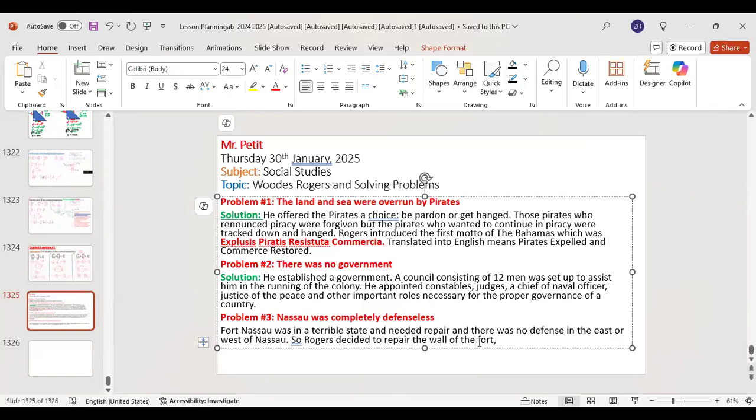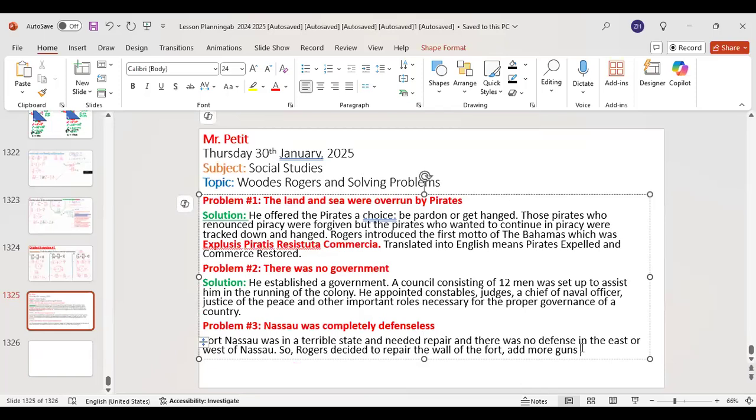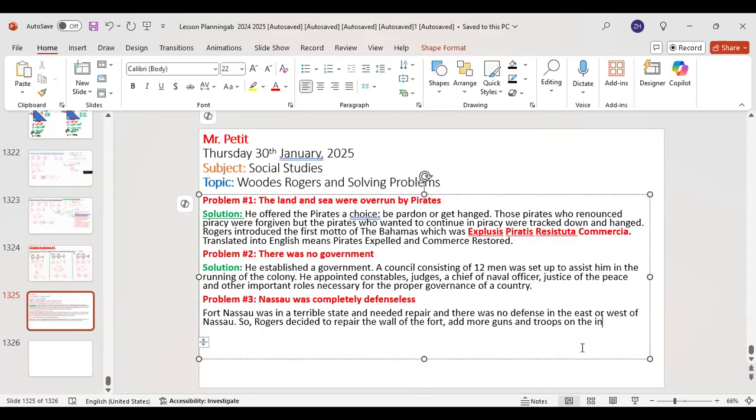Add more guns. For proper governance of a country, yes, governance. So Rogers decided to repair the wall of the fort, add more guns and troops on the inside of the fort.